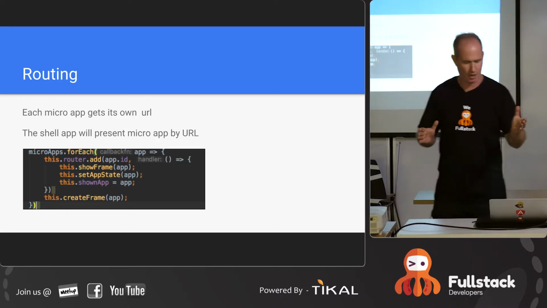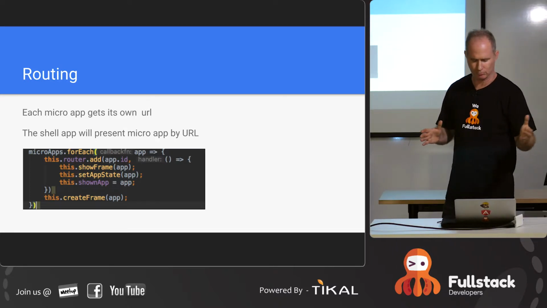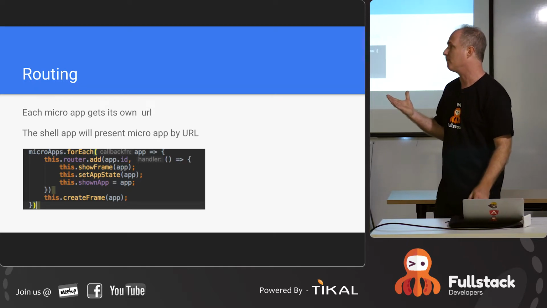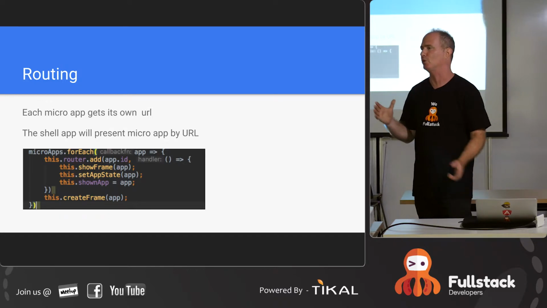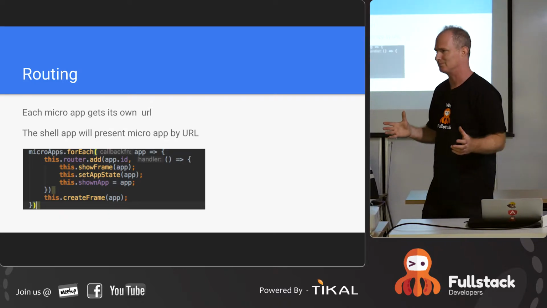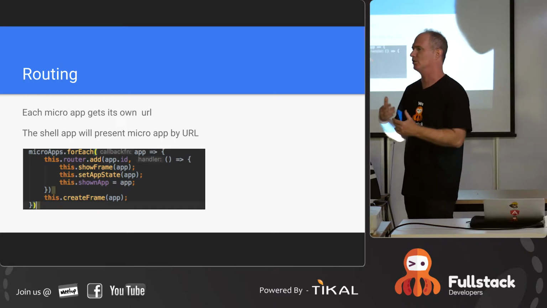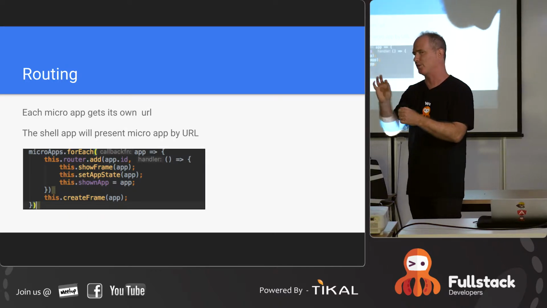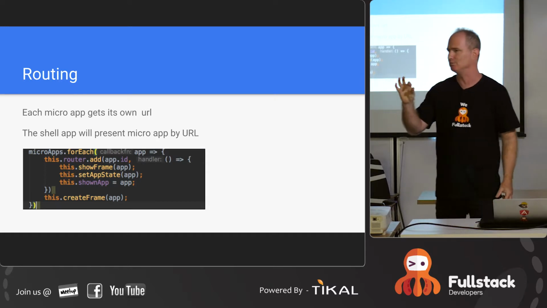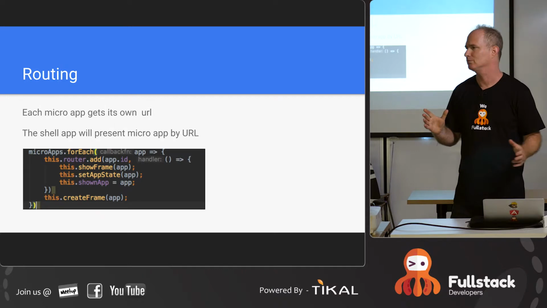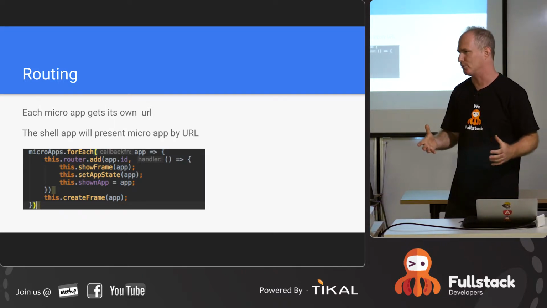Okay, let me just elaborate something about it. What do we need in order to have router link? Do you know the difference between an anchor tag and a tag that has its router link attribute in Angular? Have you ever looked through the code?